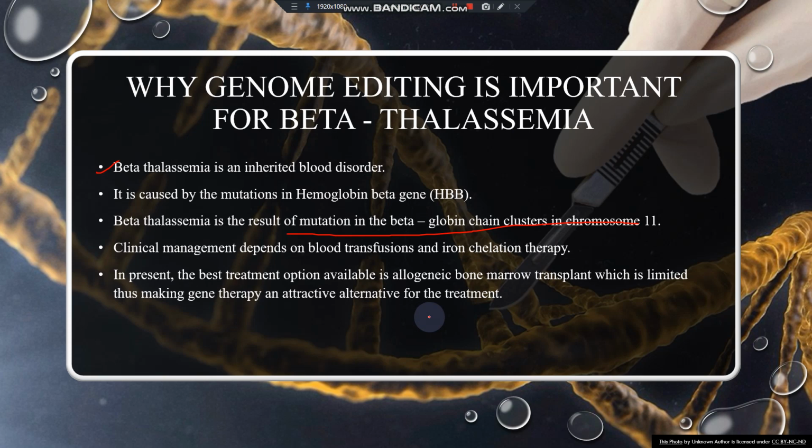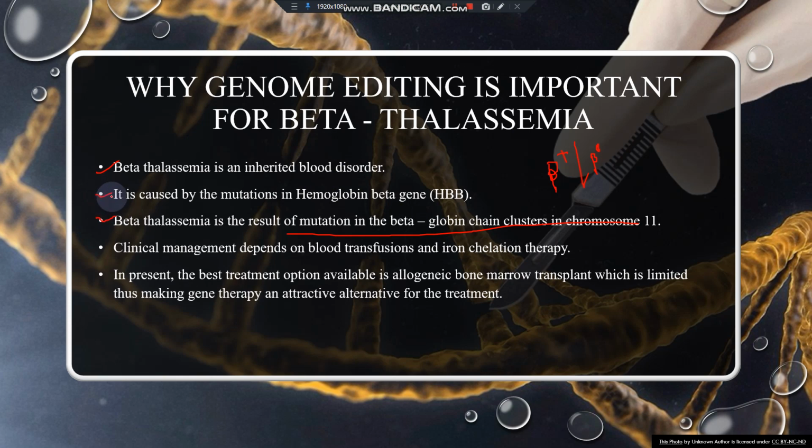It is characterized by the absence or reduced synthesis of globin chains of hemoglobin, and it includes two main types: beta thalassemia minor and beta thalassemia major. Beta thalassemia is caused by mutation in the HBB gene.